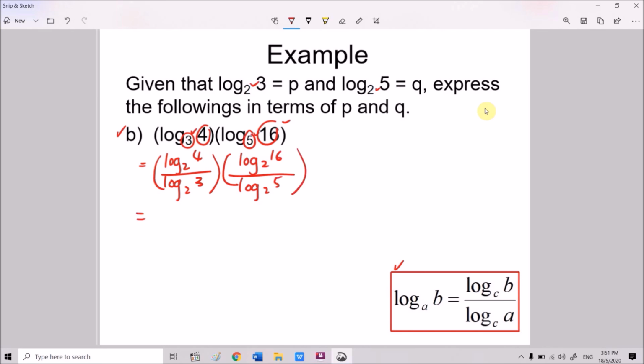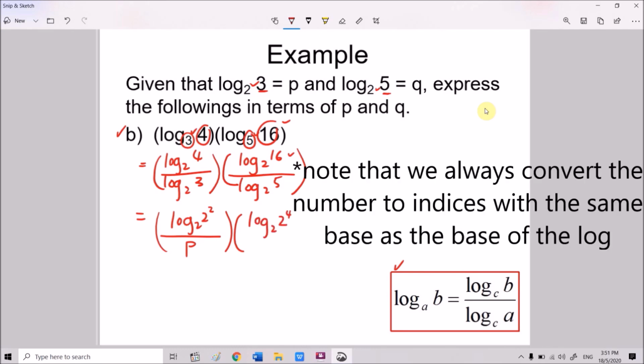Now, log base 2 of 4. Since there is no 4 given here, we just try to find the values. So log base 2 of 4 is log base 2 of 2 to the power of 2, and log base 2 of 3 is actually p. Log base 2 of 16 here is log base 2 of 2 to the power of 4, and log base 2 of 5 is q.